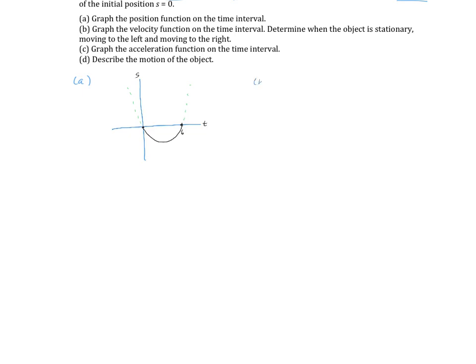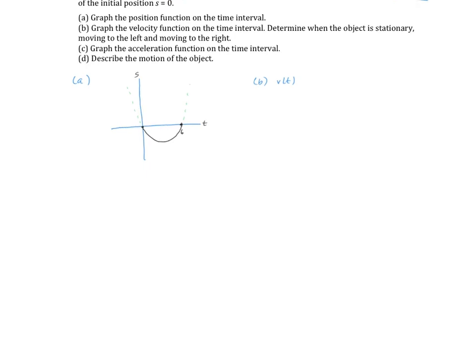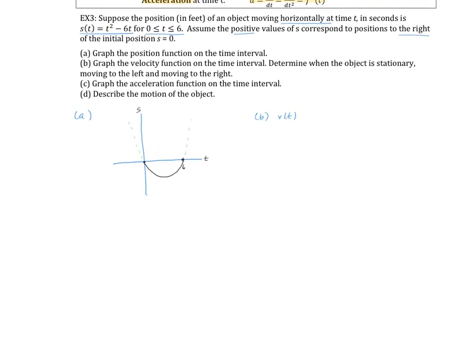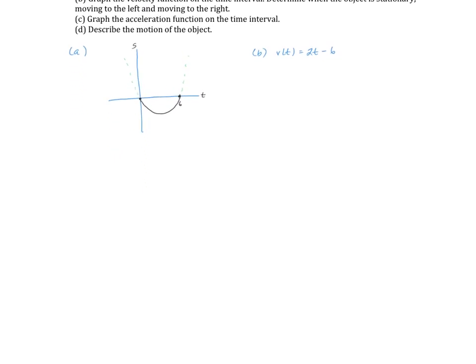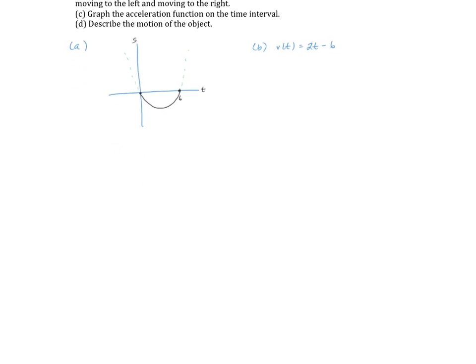In part B, we're supposed to graph the velocity function. So I need to take the derivative of my position function. If we go back up and look at the position function, which is t squared minus 6t, the velocity is going to be 2t minus 6. And that would be a linear function. Again, we're only graphing it from 0 to 6, right?